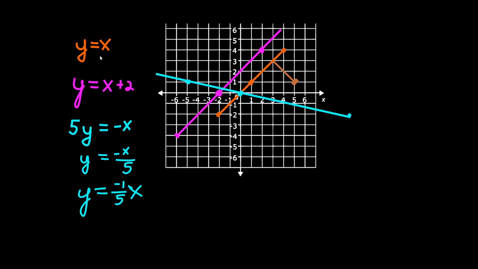And if you want to find the distance, we should form a right triangle. Let's form ourselves a right triangle. And so I have this brown right triangle, and it's also an isosceles right triangle, so that allows us to very quickly find the distance between this point and this line, which is 2 root 2.